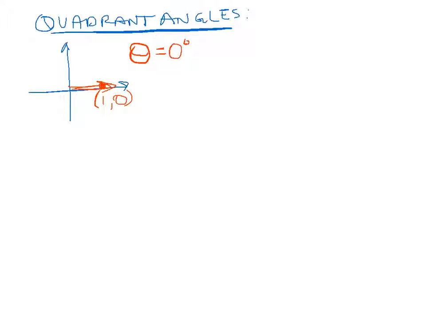I know the r value is pretty easy to figure out in this case. Remember, r squared was x squared plus y squared, so r is equal to 1. Let's find the sine of 0 degrees. You're going to use y over r and get 0 over 1, or just 0.